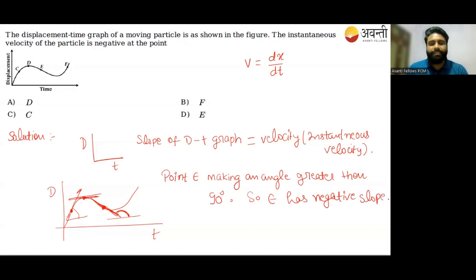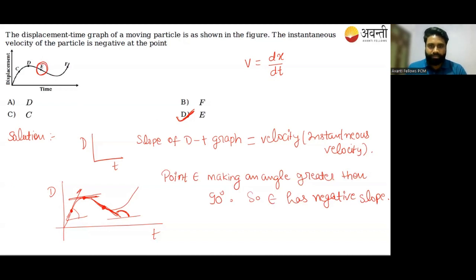And slope directly represents the instantaneous velocity. So at point E, we have the negative value of instantaneous velocity. So the correct option here is point E. Option is D, but the answer is point E. Okay, I hope you got this.